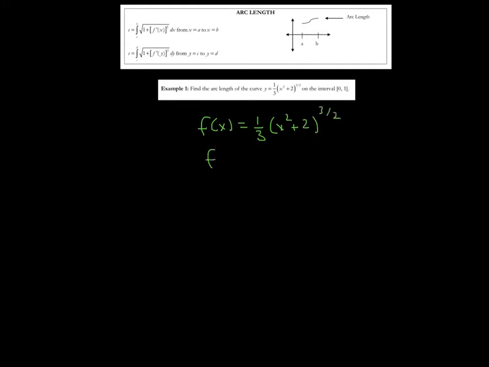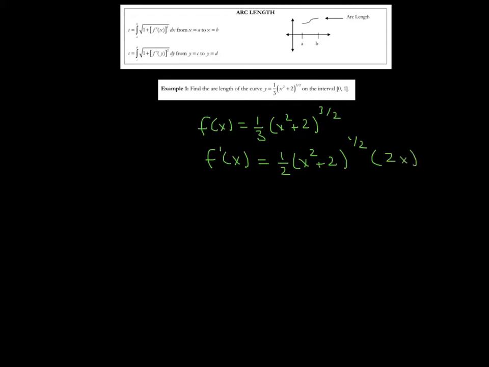Our f prime of x is going to require us to use the chain rule. So we're going to do 3/2 times 1/3, which is going to give us 1/2. Leave the inside alone. Drop the power down, subtract 1 from 3/2, you get 1/2. And then we got to remember chain rule, got to multiply by the derivative of x squared plus 2, which is 2x. All right.